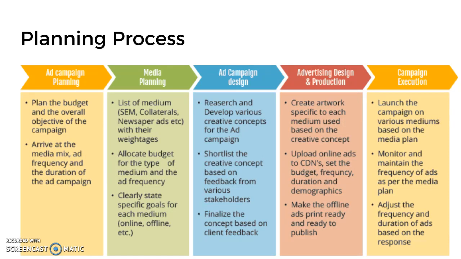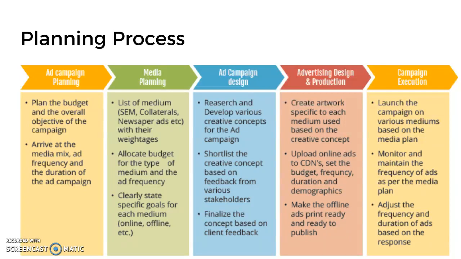So this diagram here is a simple explanation of the planning process for an integrated advertising campaign. So feel free to pause the lecture at this point and read it through. So for your final year projects, you need to plan the budget, the overall objectives, then decide on the mix of tools and the media that you will be using.